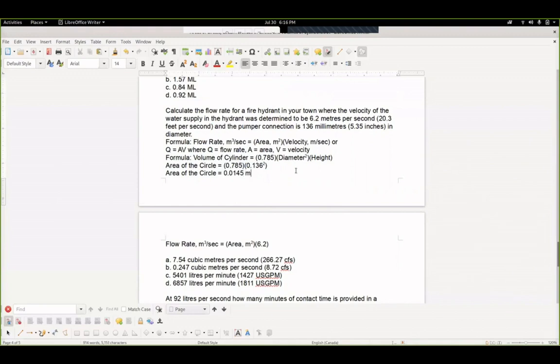And this would be meters squared. And now we can find the flow rate because we have the area.